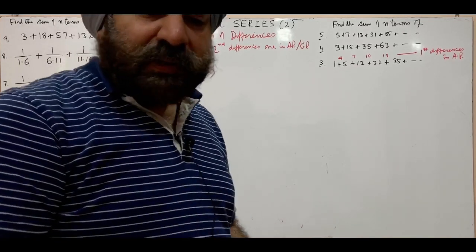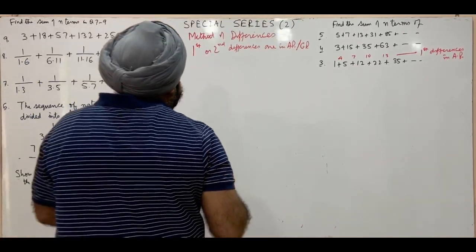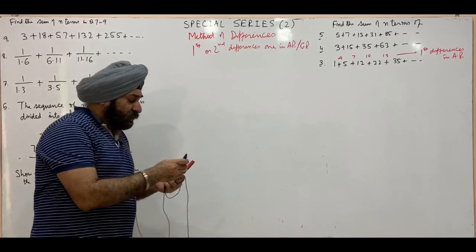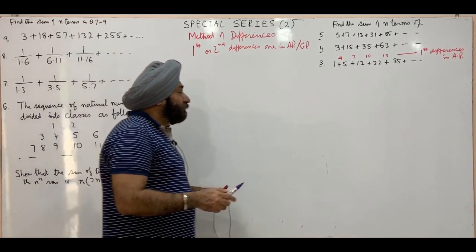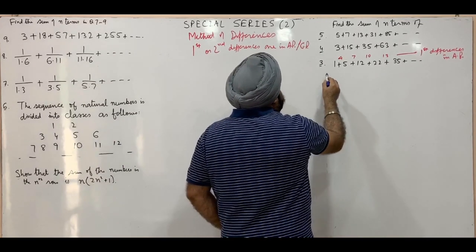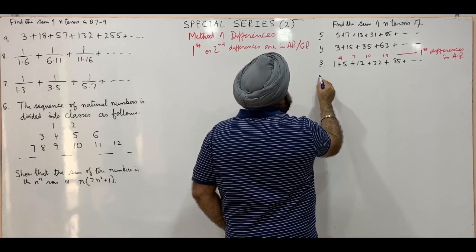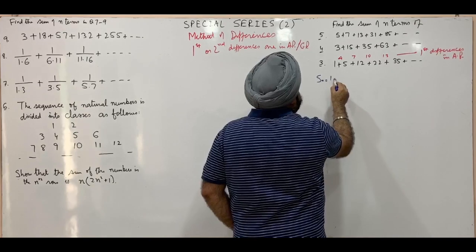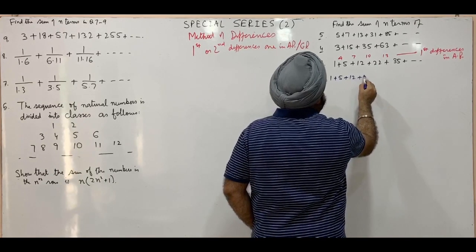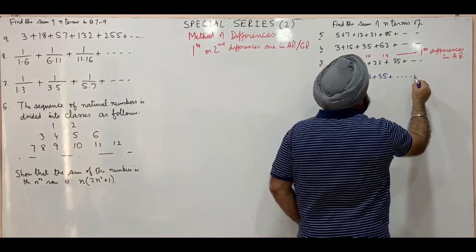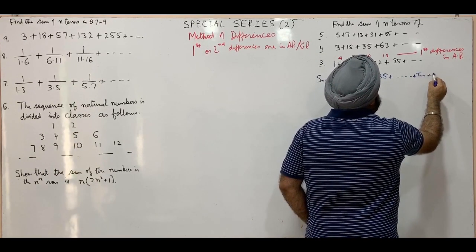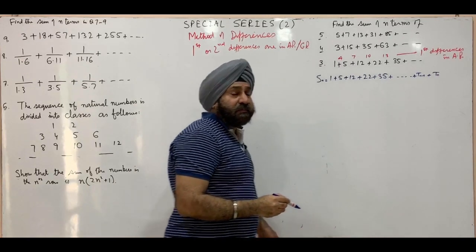Now what is the method of differences? There are two ways to solve questions on it. We have to find the sum of n terms of the series. Let's write Sn as 1 plus 5 plus 12 plus 22 plus 35 and so on, n minus first term and last nth term.